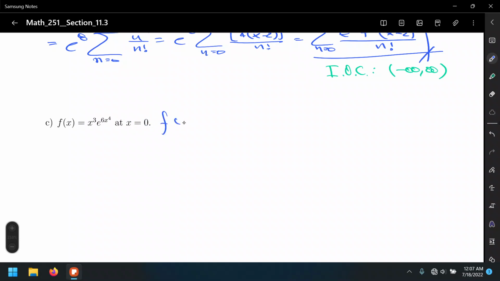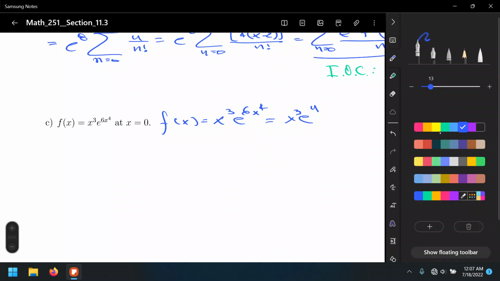So that's going to be f of x equals, number 1, x cubed e to the 6x to the 4th. What I'm going to do is turn this exponential part into a u, where in this case u is 6x to the 4th.